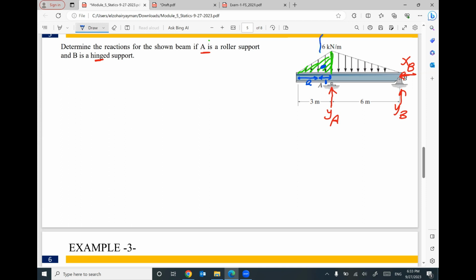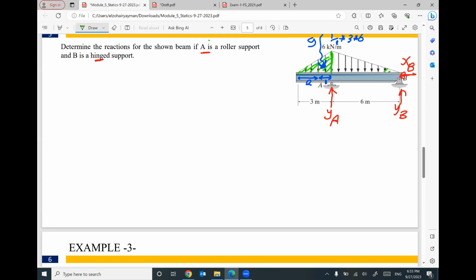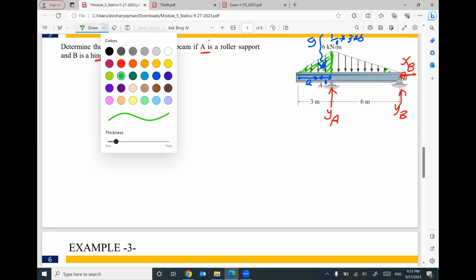So the value here will be how much? 1/2 times 3 times 6, 1/2 times base times height. It will be 9 kilonewton. The second part, this one, let me choose a different color.